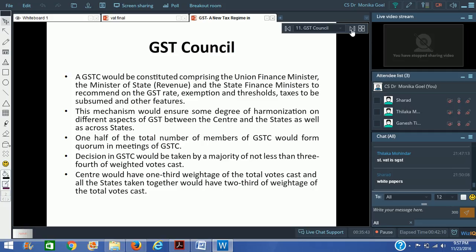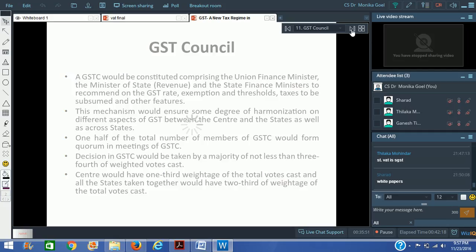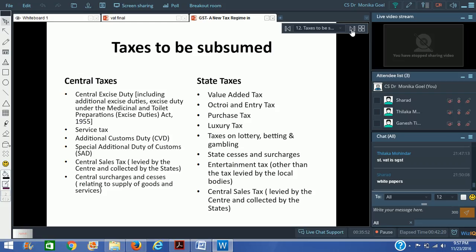The centre would have 1/3 weightage of the total votes cast, and all the states taken together would have 2/3 weightage. That's how this GST Council is going to be constituted.